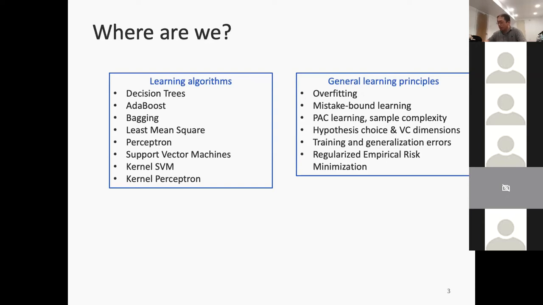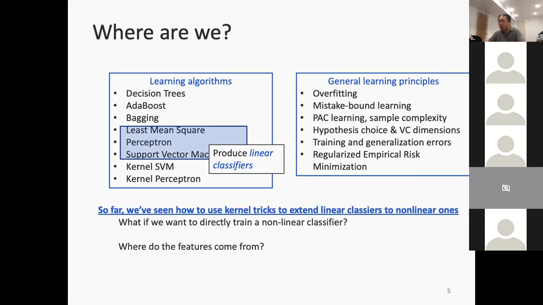All of those learning algorithms produce linear models, linear classifiers. And we have also introduced a general trick called the kernel trick to extend linear classifiers to nonlinear ones.